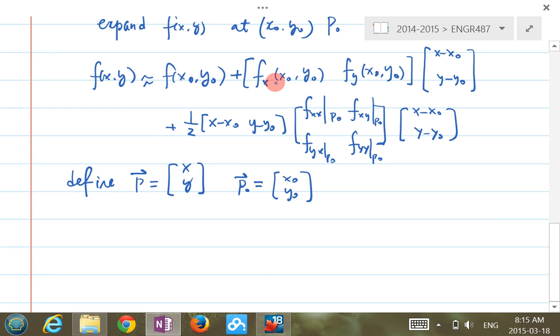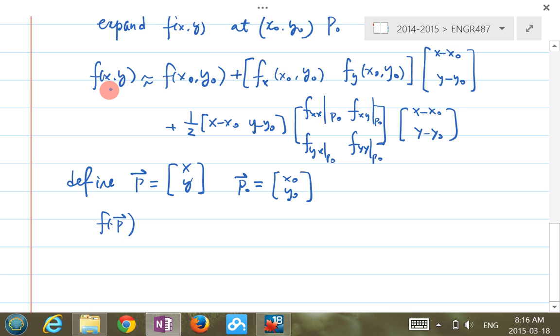Now if I look at this one here, this is basically what? This vector is basically the gradient vector, right? So f of x, y I can write as f of p.